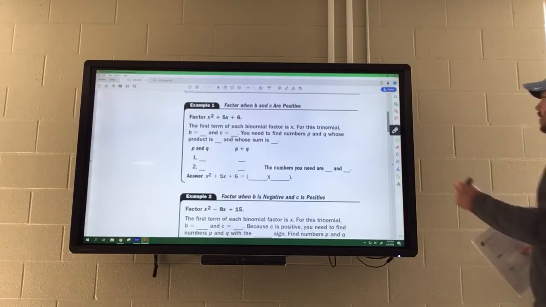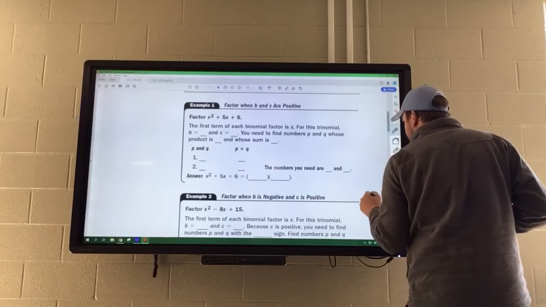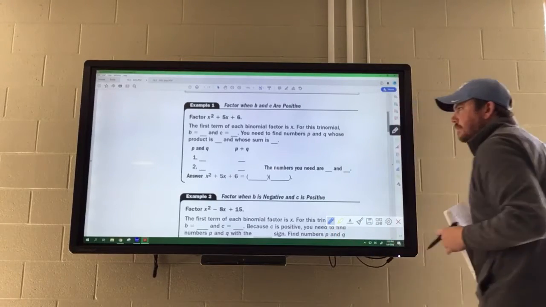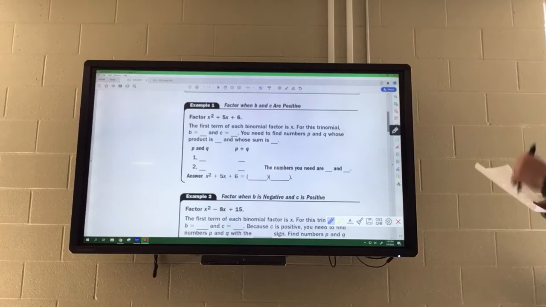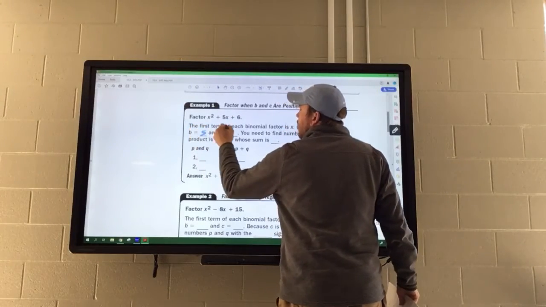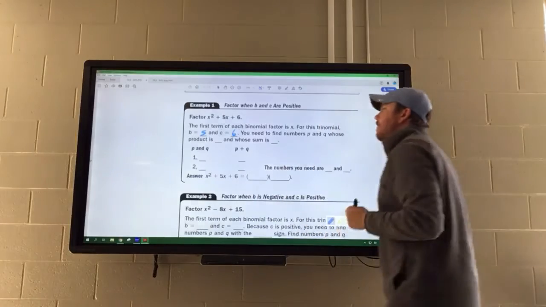All right, so to fill out the notes here, looking at this, the first term of each binomial factor is x, okay?